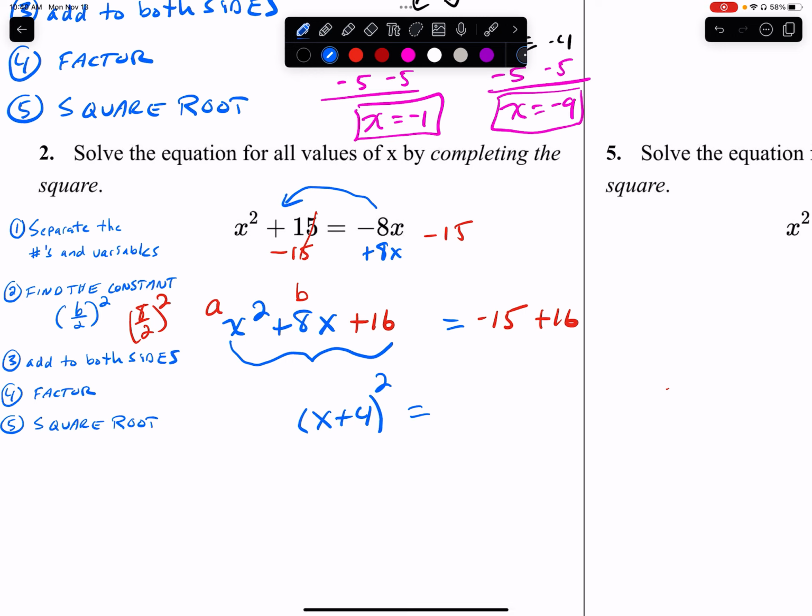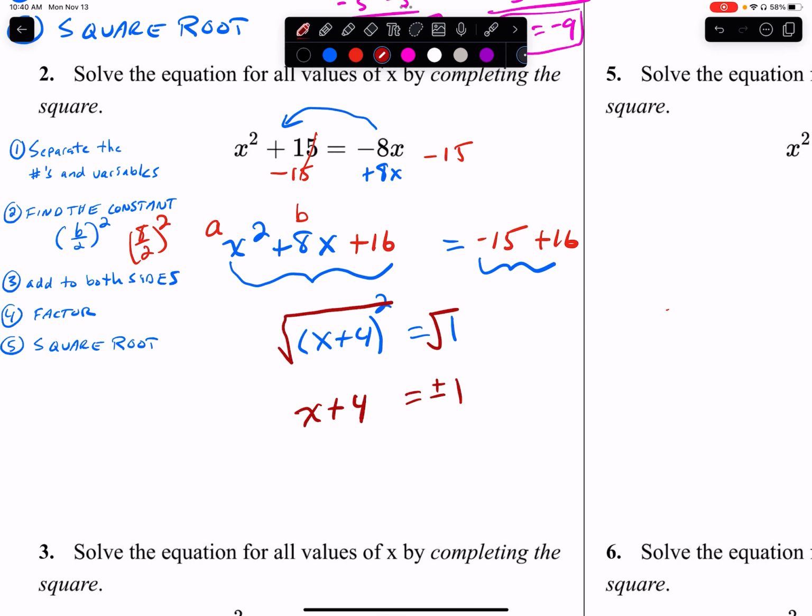On the right-hand side now, -15 plus 16 is +1. When we get down to this step, we take the square root of both sides. Now we have x plus 4, which is the whole point of completing the square. Over here, what happens if 1 is positive or negative?